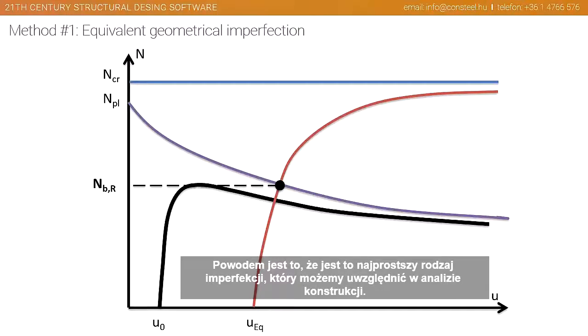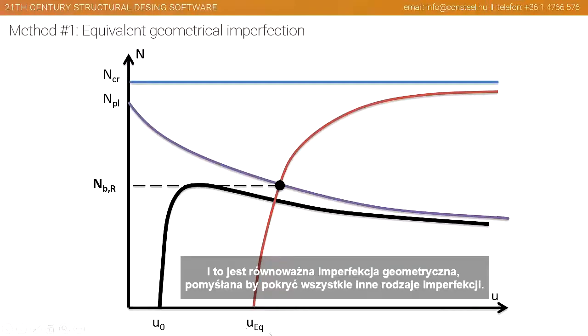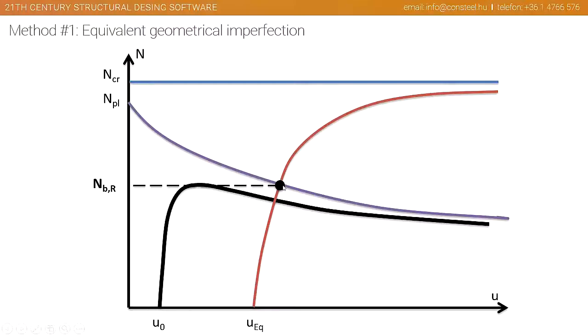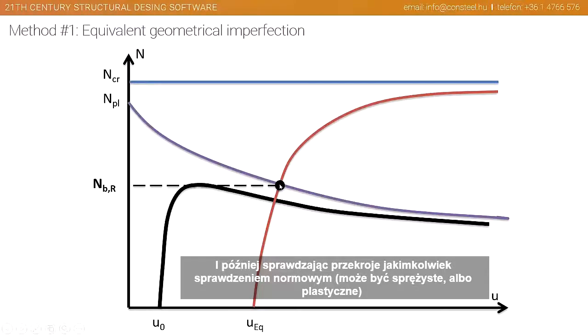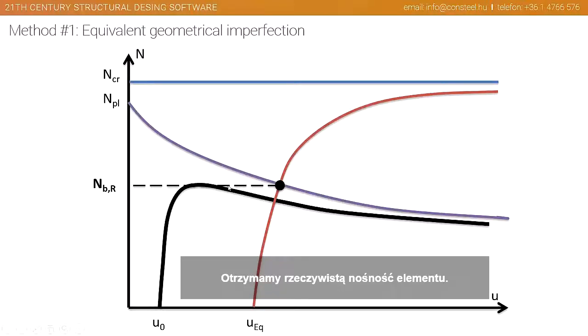The reason is that this is the simplest imperfection type which can be considered in a practical structural analysis, and this equivalent geometrical imperfection is thought to cover all types of other imperfections coming from the material, from the residual stress, from loading, etc. And if we have this, and this is accurate, then we can hope, by calculating the second order elastic behavior of that imperfect member, and then checking only the cross-section with any kind of cross-section check defined by the standard, usually that can be elastic or plastic, then we get the real resistance of the member from this check.